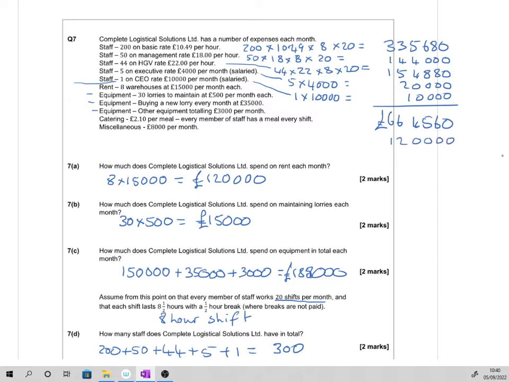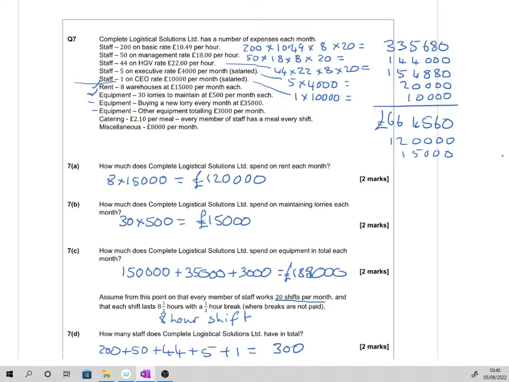Equipment, 30 lorries, 30 times 500 is 15,000 for the lorries.